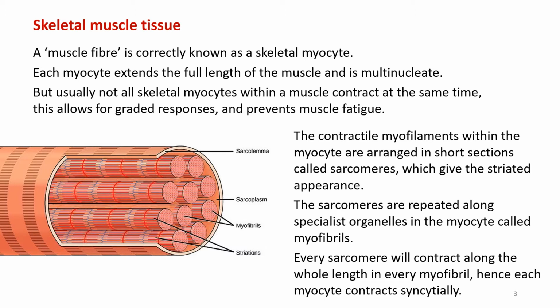In this case, it's happening within a single cell, a single myocyte. So each myocyte contracts syncytially. This is a true syncytium because it's within one cell. When we talked about smooth muscle and cardiac muscle contracting as a tissue simultaneously, syncytially, that was a functional syncytium.